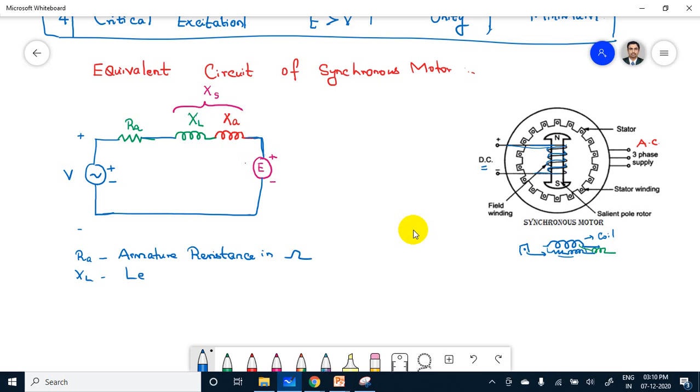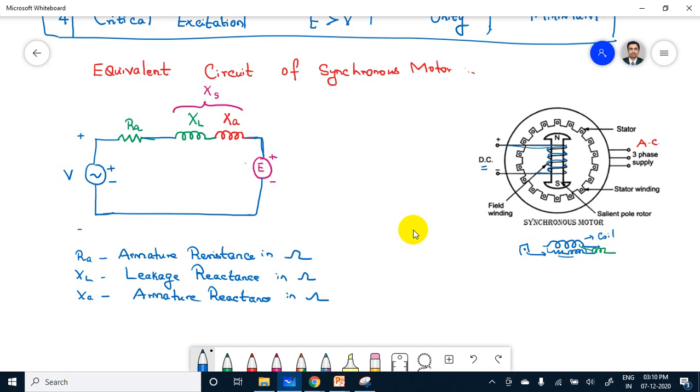XL is the leakage reactance in ohm. XA is the armature reactance in ohm.